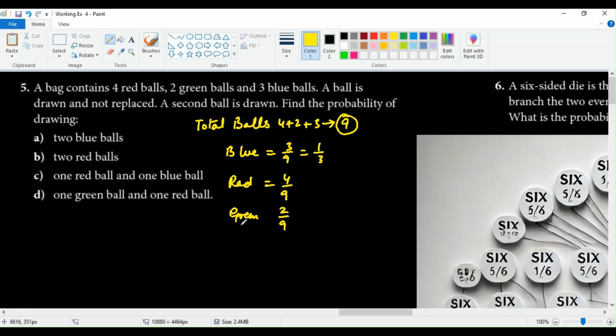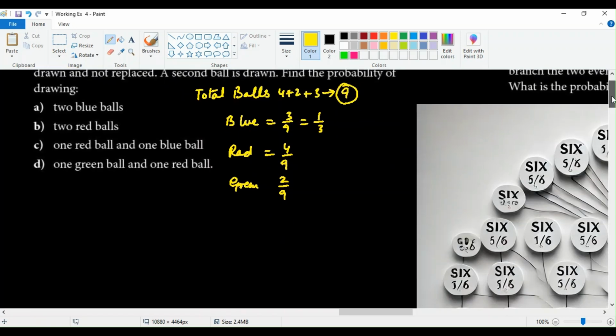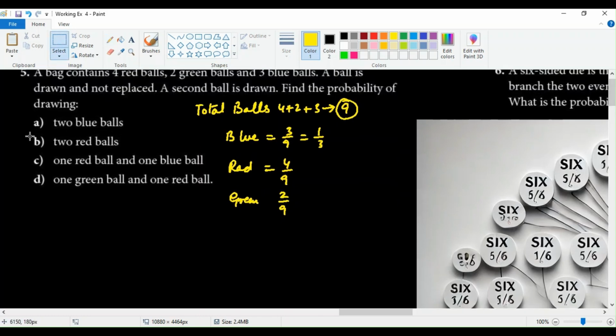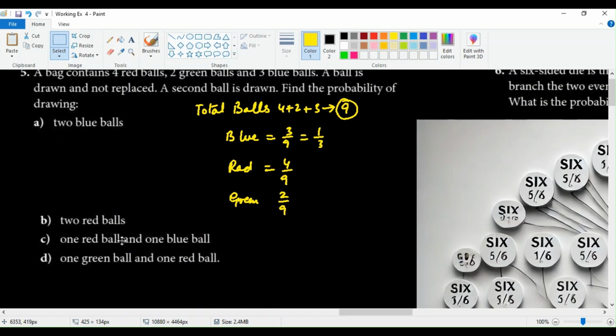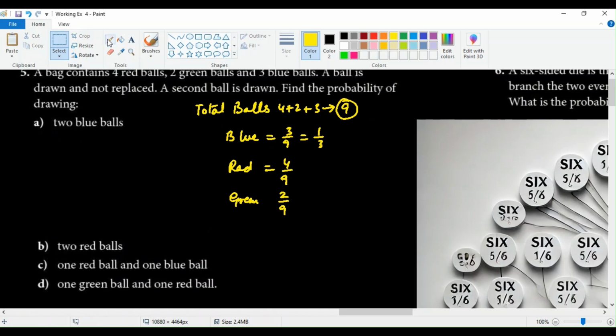So these are all the probabilities. Now we'll go question by question. First they are asking for 2 blue balls. First is 3 over 9 and then 2 over 8. This gives us 6 over 72, which is going to be 1 over 12 as the final answer for this part of the question.